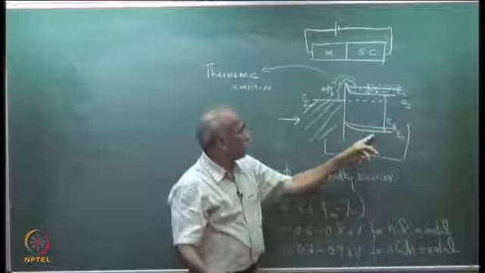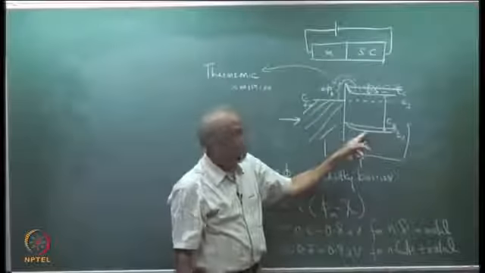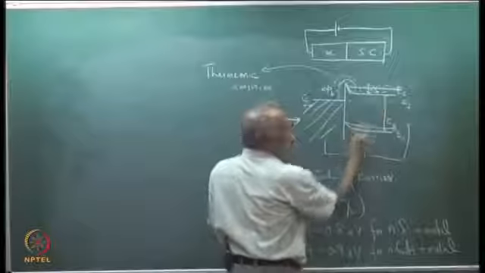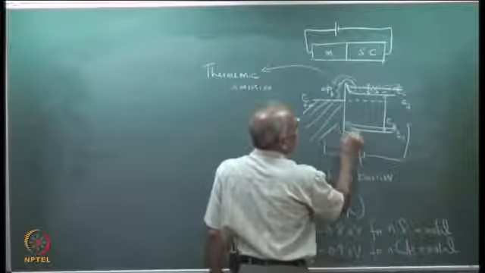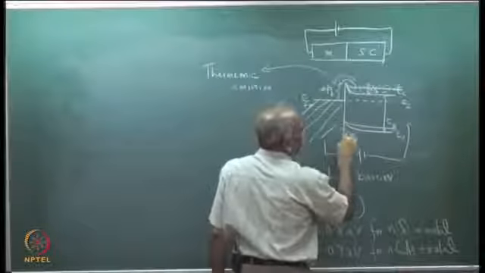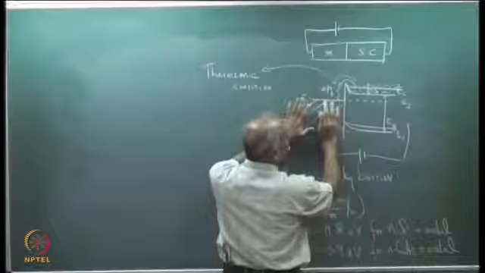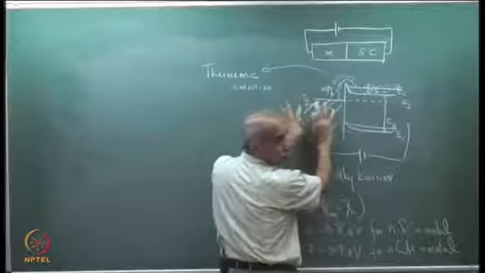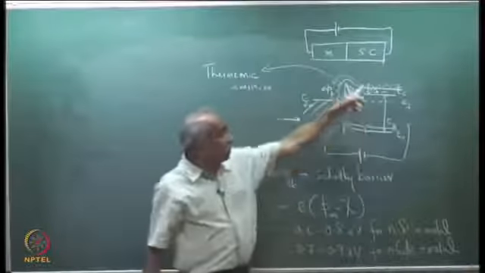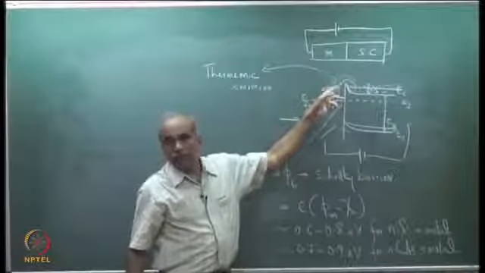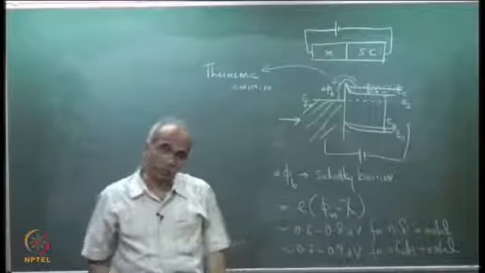Some minority carrier, some hole current will be there, because when you raise this, some holes can migrate here and electrons can come down from here because metal is a pool of electrons. But primarily the current is predominantly due to electrons and due to thermionic emission.